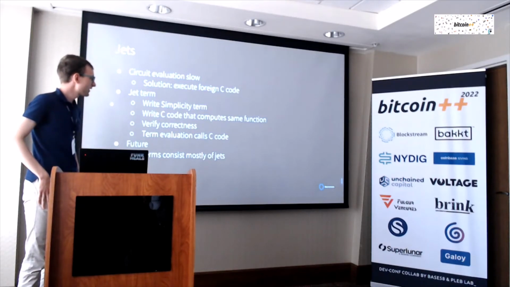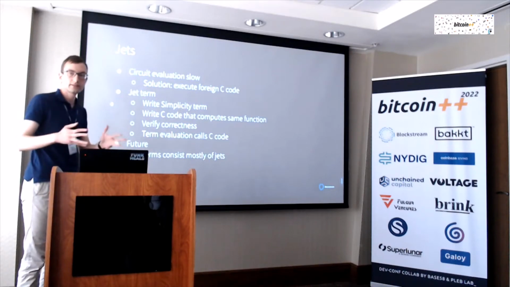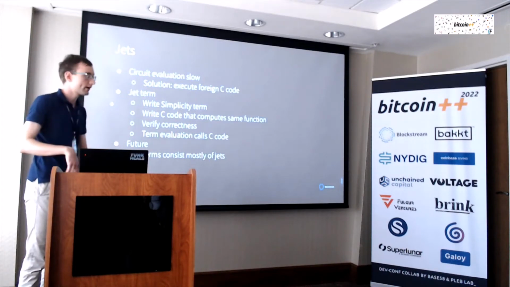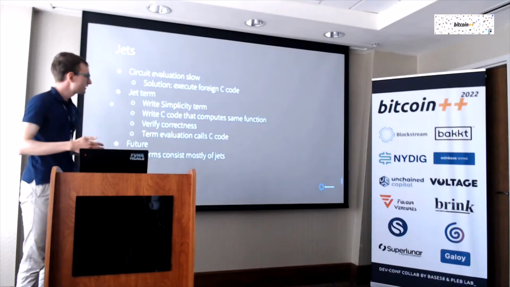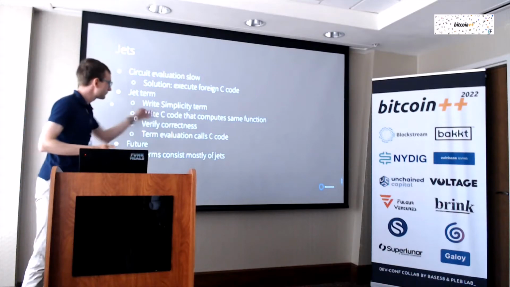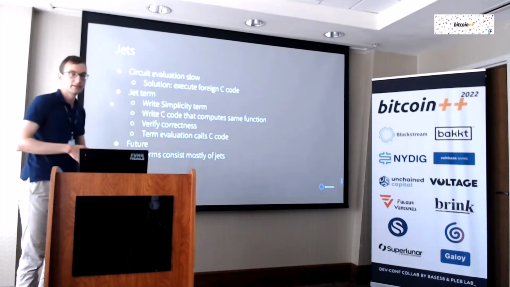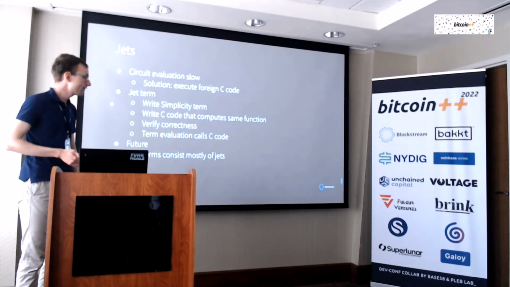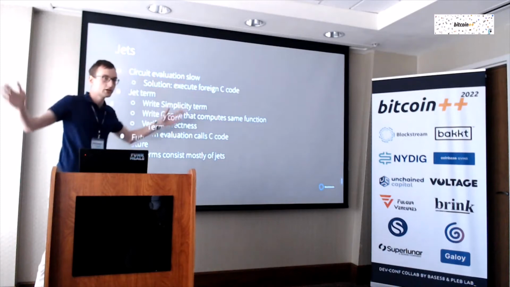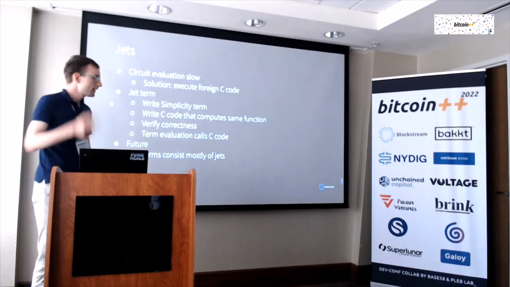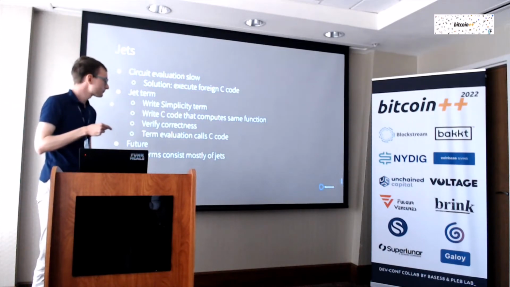And then what we can do is define a jet term, which is just like a constant, like the unit combinator from the beginning. But instead of producing the unit value, it takes the inputs of this C function and produces the output. This is just as though we had written the entire large program in one node, in one term.